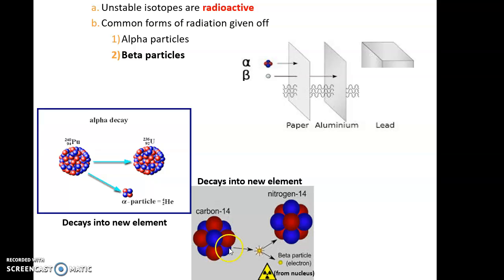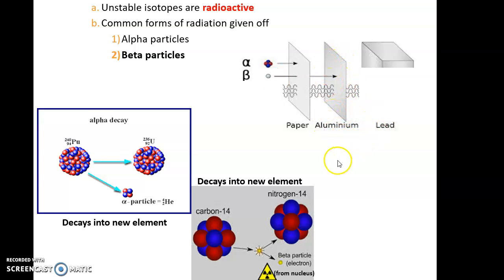This is because when the nucleus releases the beta particle, it loses that negative charge, which means it is going to gain a proton. It's going to become a little more positively charged, gain another proton, so it becomes a new element, nitrogen-14.